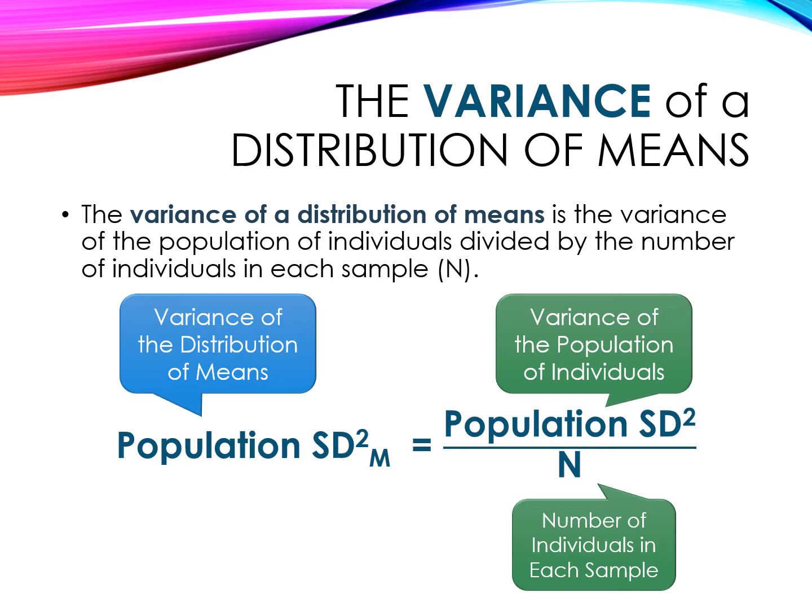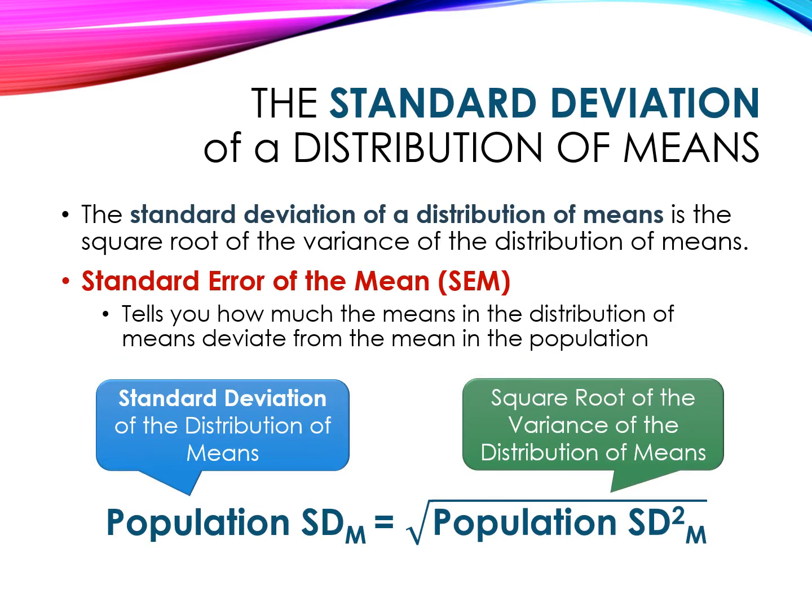Okay. Once we know the variance, we can also find the standard deviation. The standard deviation, remember, is the size of the z-score. Remember, and we'll be talking about it again. I don't mean to confuse you, but the standard deviation is how far a score is from the mean, okay?